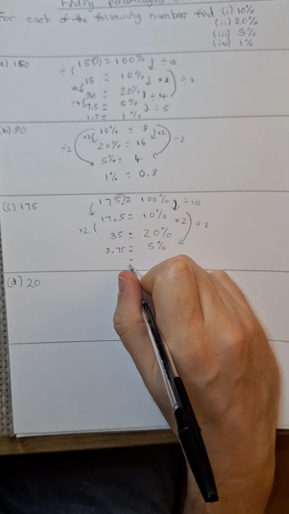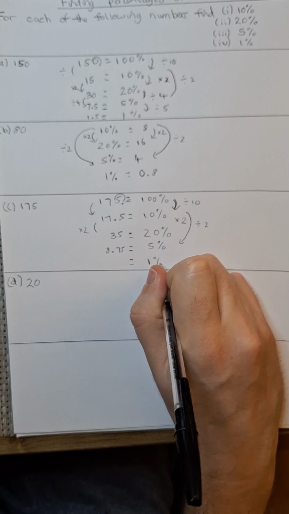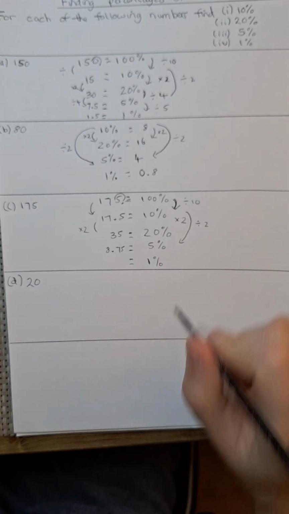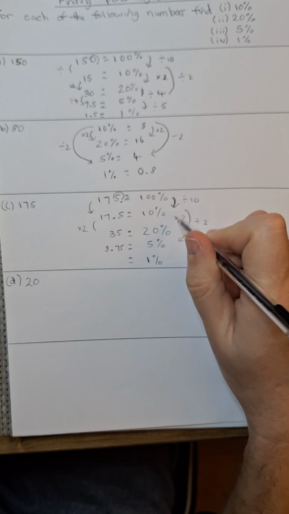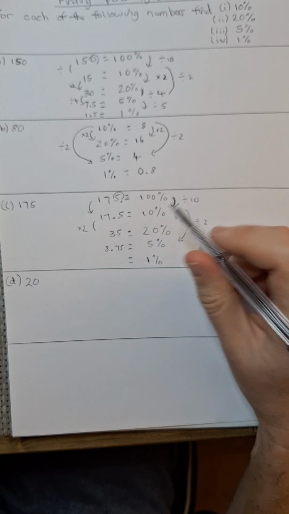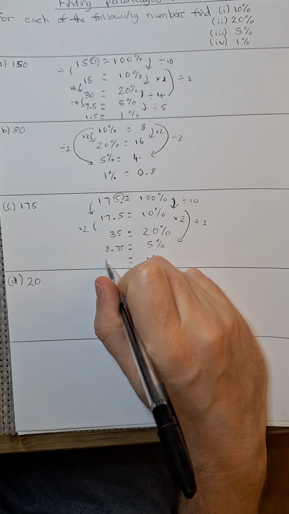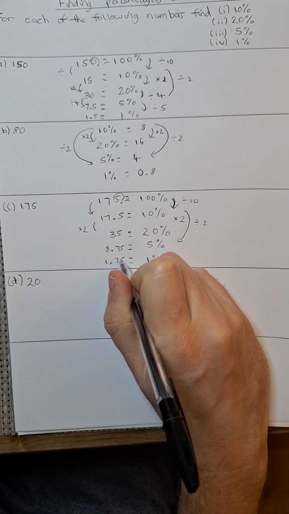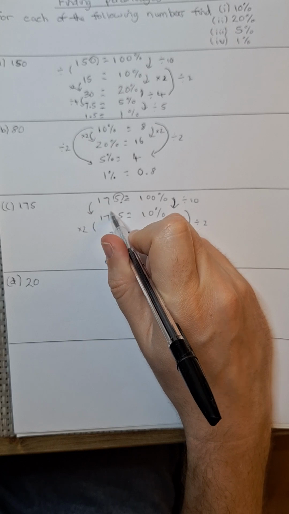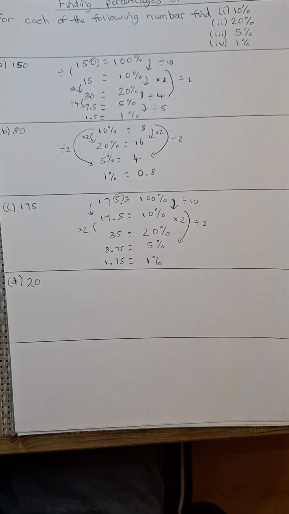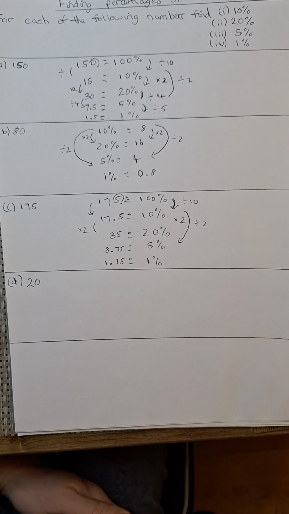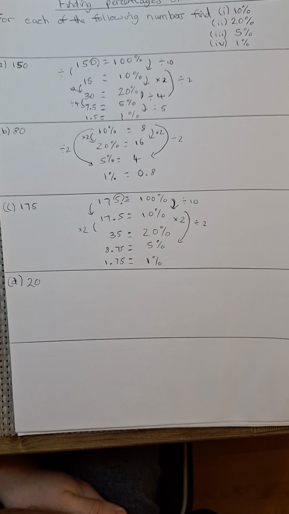And to get our 1%, we're going to do 10% divided by 10. Therefore, 17.5 divided by 10 equals 1.75. We simply move the decimal point one place to the left. Therefore, for 175, we worked out 10%, 20%, 5%, and 1%.